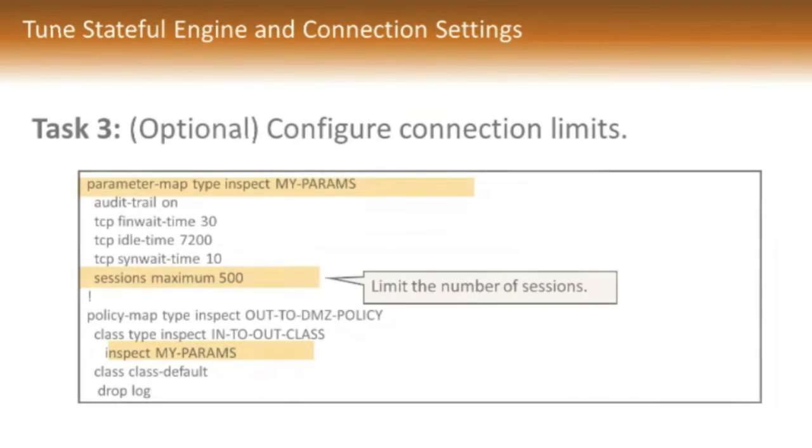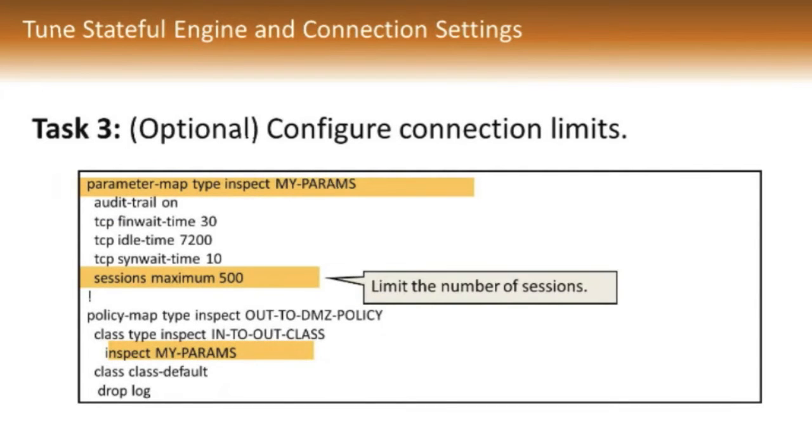Notice in here, we can set the maximum number of sessions to 500. Now, the other thing that we wanted to do in this scenario for tuning the zone-based firewall was to globally tune the TCP Normalizer parameters on the router. Remember that?